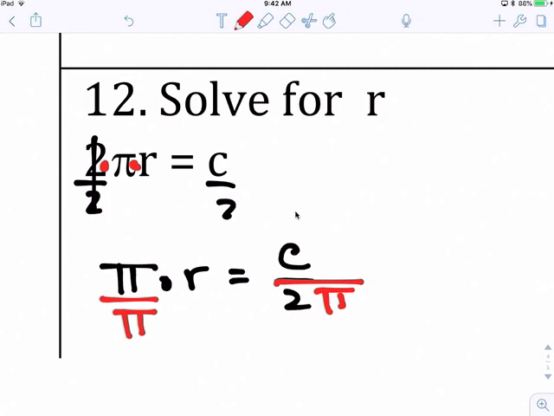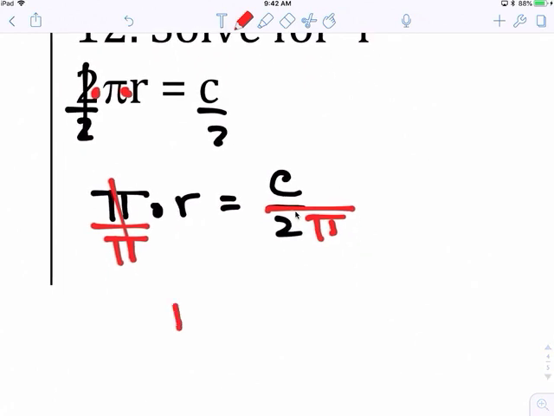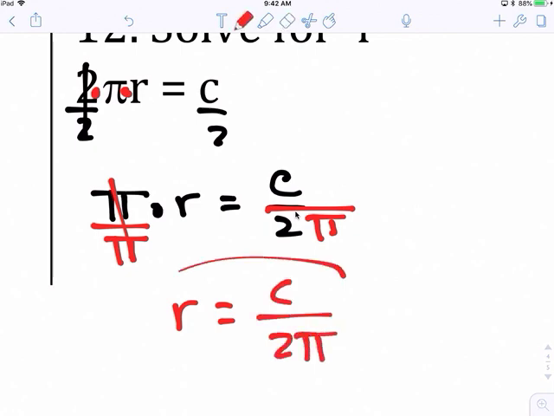Divide by pi again. R equals C over 2 pi. Just leave it 2 pi. Okay. Like that.